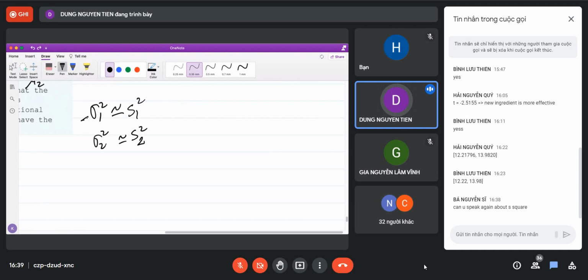But in this case, we see that sigma 1 and sigma 2 are the same. If they are the same, then you need only one value. Instead of S1 square and S2 square, you need to come up with a single number, and that single number is S squared. Okay, and you call it the pooled value.